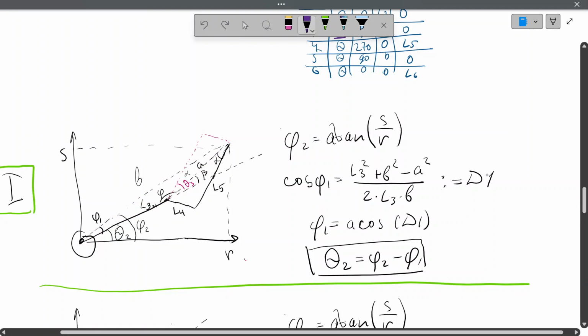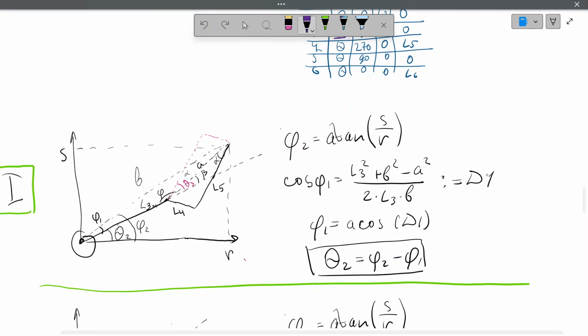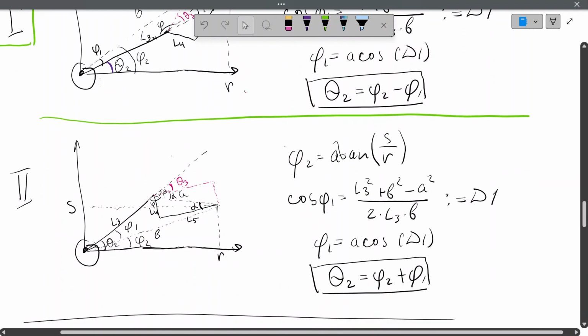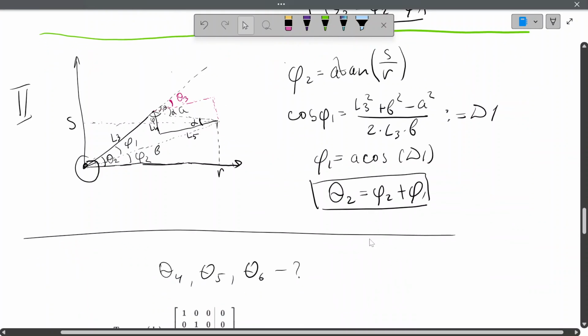Next, phi 1 will be arccosine of d1. So theta 2 is this one. It will be phi 2 minus phi 1. So it is pretty simple to find theta 2. For a different configuration there will be a different sign.